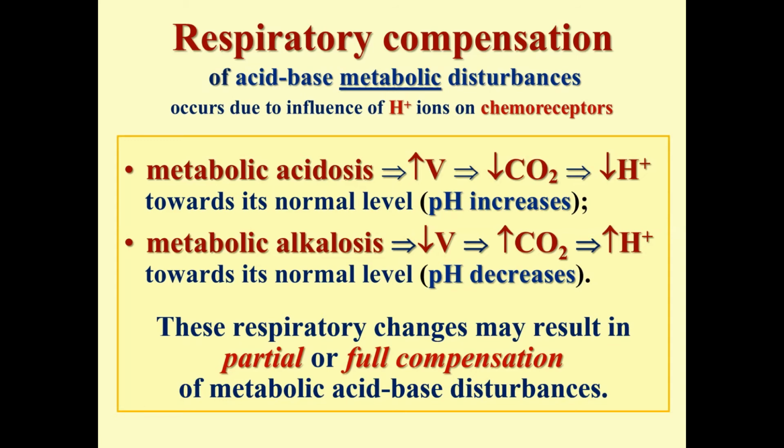And correspondingly, in case of pH slightly alkaline, for example, but at the same time there is hypercapnia, you may suppose that this excessive CO2 is due to decreased ventilation produced by alkalosis initially, and pH can be even fully compensated, but hypercapnia remains.